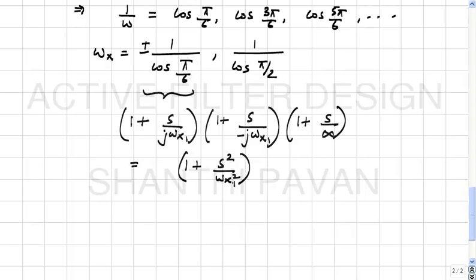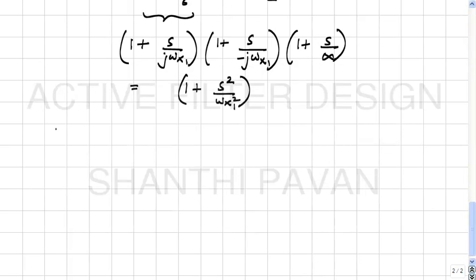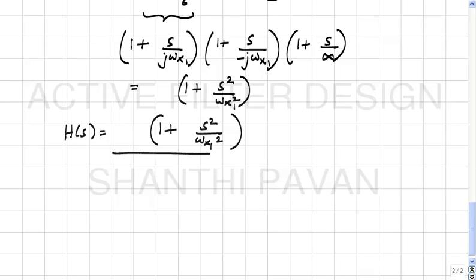What is 1 by cos pi by 6? 2 by root 3, so omega x1 square will be 4 by 3. It's greater than 1, as we expected. So we found the numerator and the denominator. H of s is therefore 1 plus s square by omega x1 square divided by this D of s, which we have found earlier.